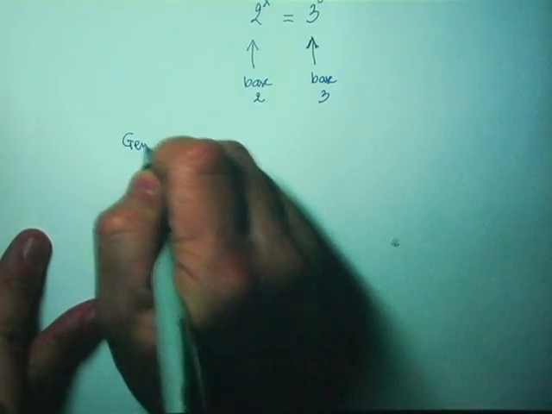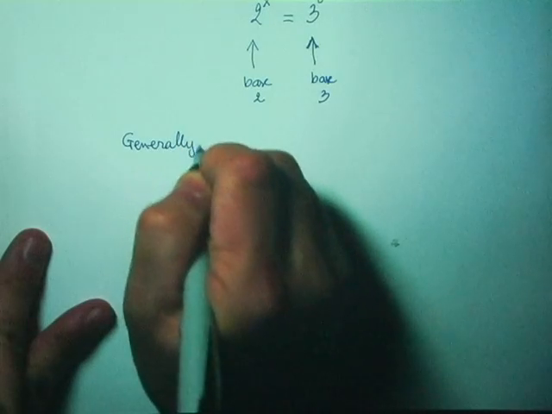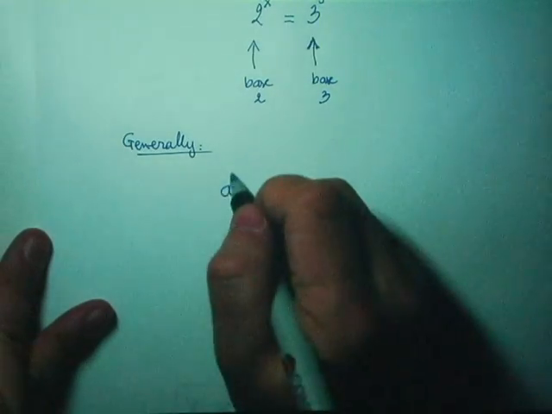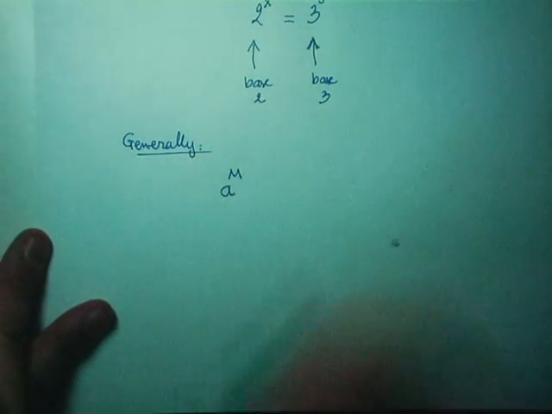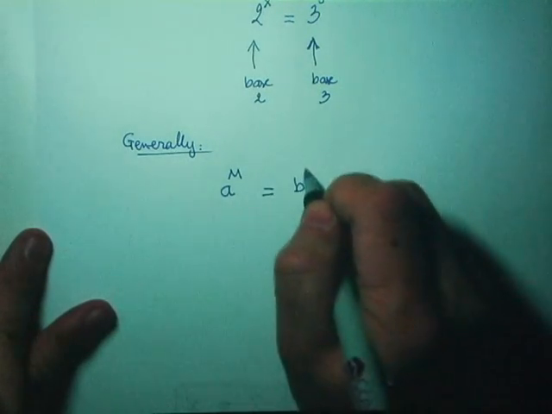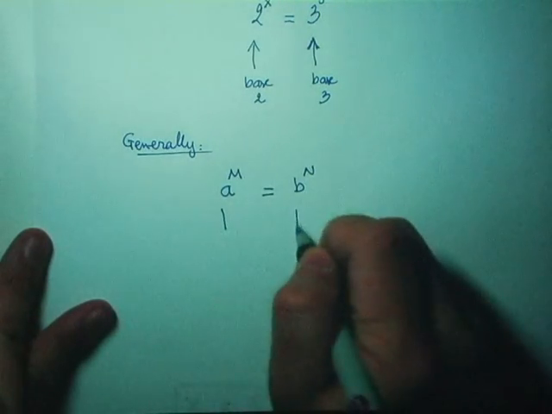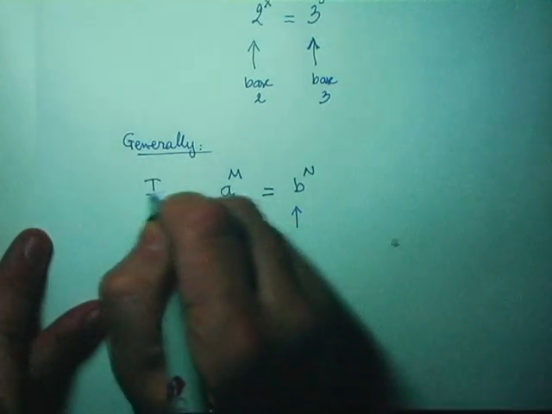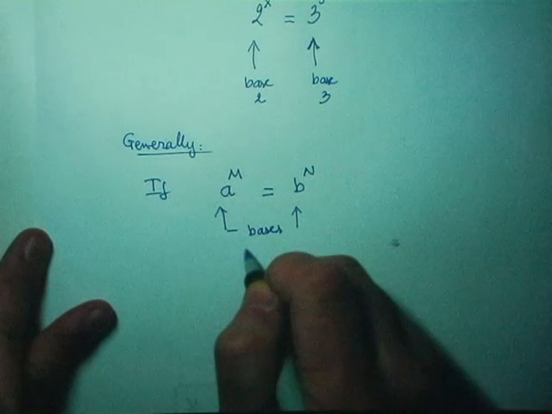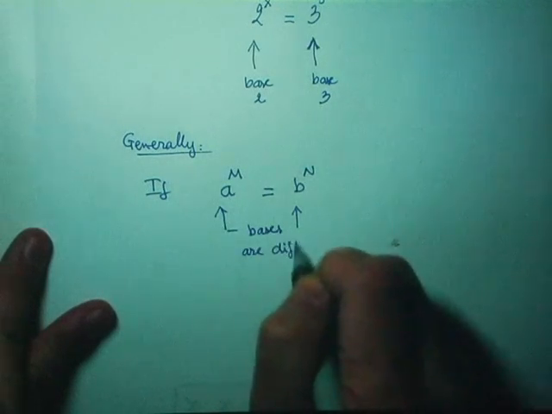Generally, in method number 2, when you have some base a on the left-hand side being raised to a power m, the equation appears as a to the m equals b to the n. This time the bases on the two-hand sides are different.